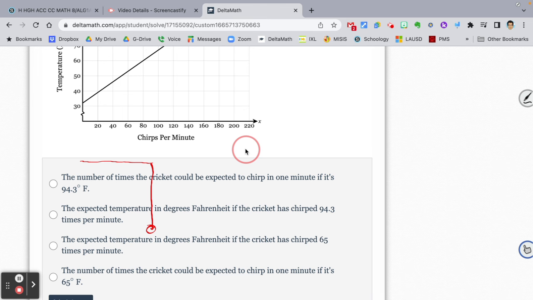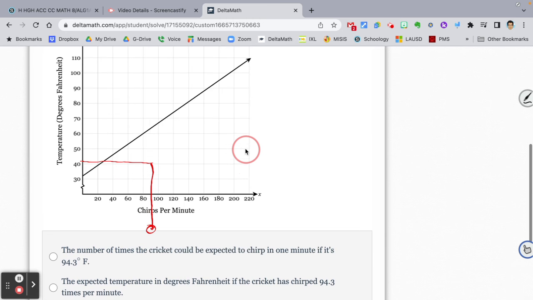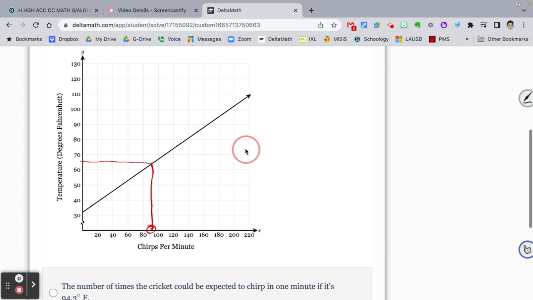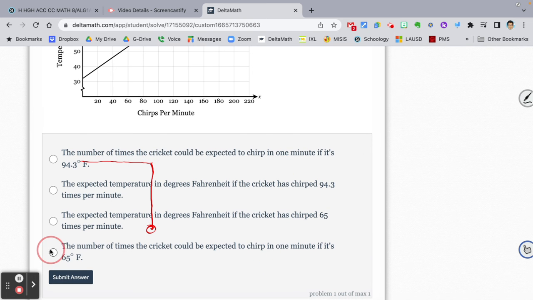Actually, the temperature was 65. So far, the only one that seems reasonable is the second one. Let's look at the last choice. The number of times the cricket could be expected to chirp in 1 minute if the temperature is 65 degrees. I think that's it. So at 65 degrees, we would expect it to chirp somewhere in here. So I think the last choice is the best. Let's try. Maybe I'm wrong.